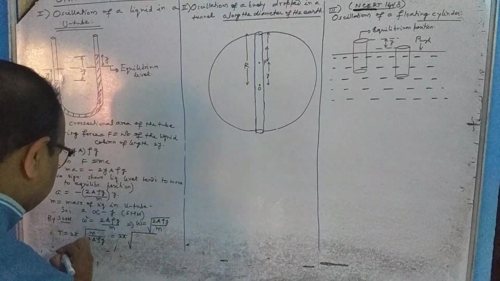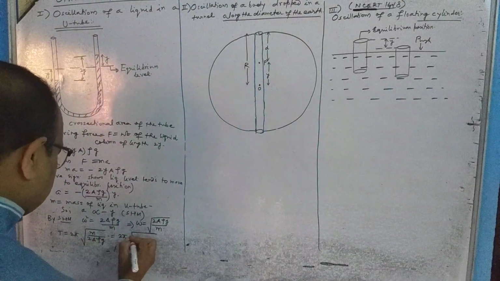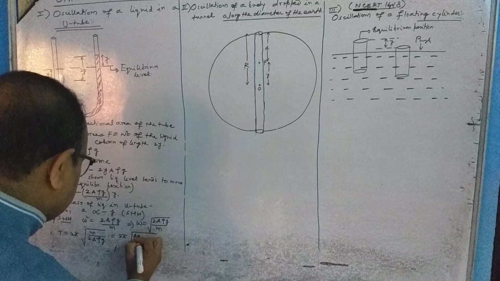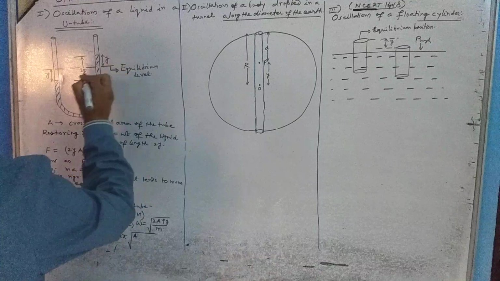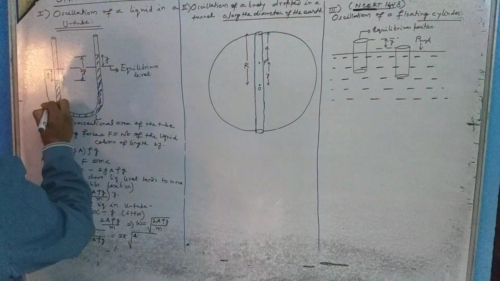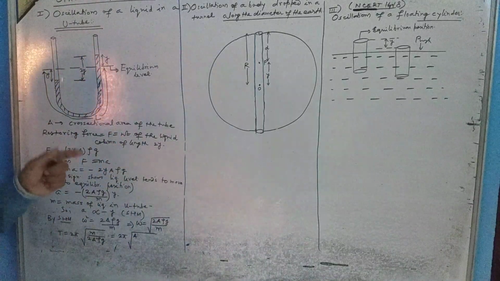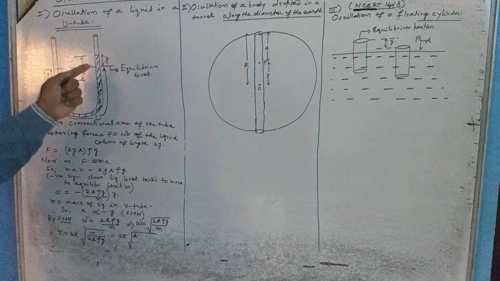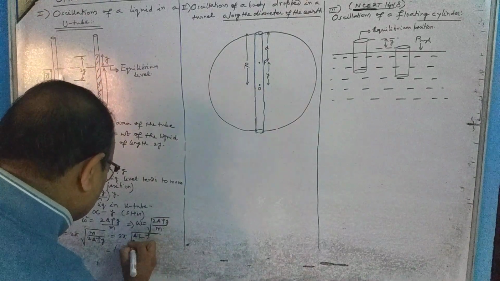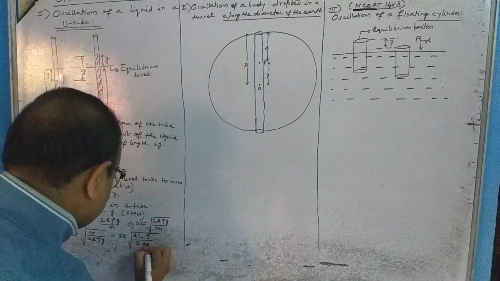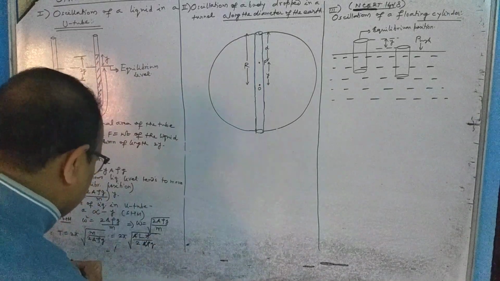What should we write in place of m? m will be equal to how much? m will be equal to A into, look, if I consider capital L, the length of the liquid column in the tube, since capital L is the length of the liquid column in the tube, then m is A L ρ, by 2Aρg. Here A and ρ will cancel.